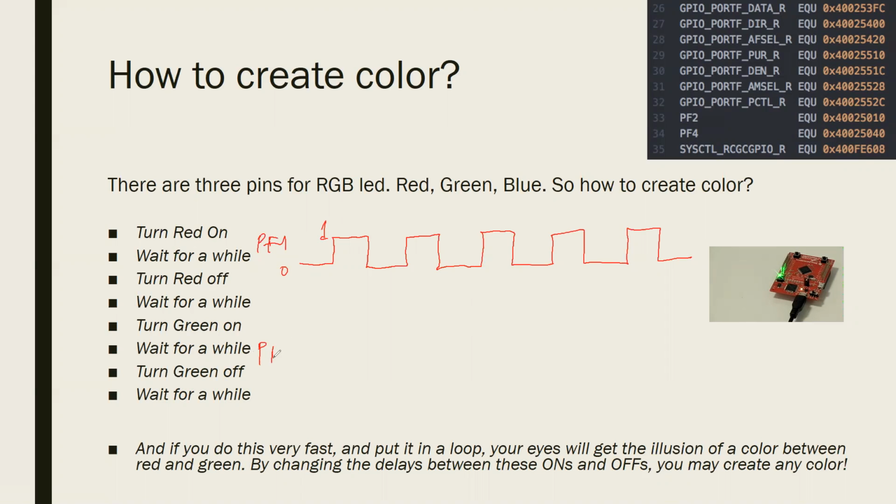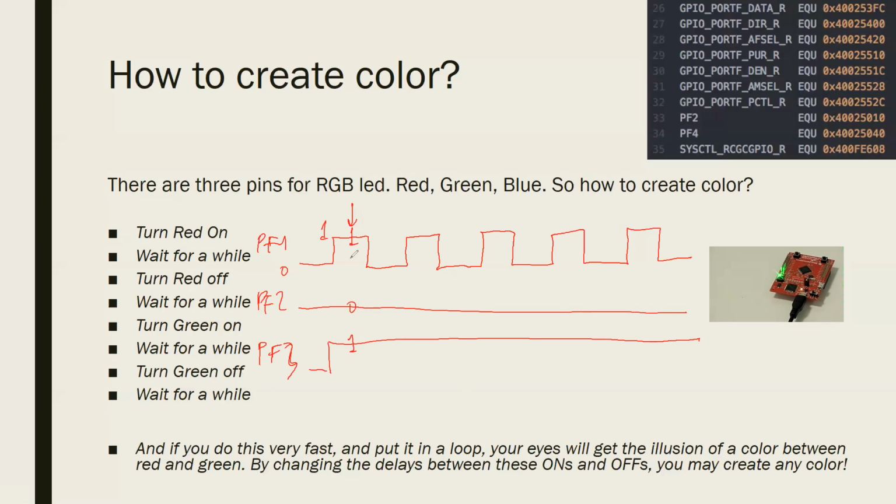Okay. So in PF2, I have blue, remember. I'm sending zeros. And in PF3, I have green. I'm sending green all the way long. Which color will we be seeing? At this time point, this one is 1, this one is 1, this one is 0.